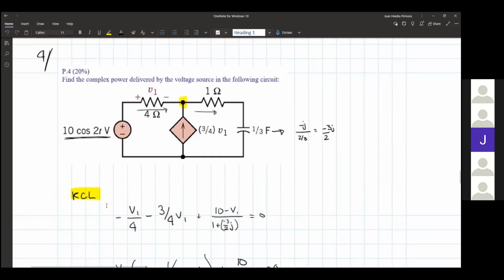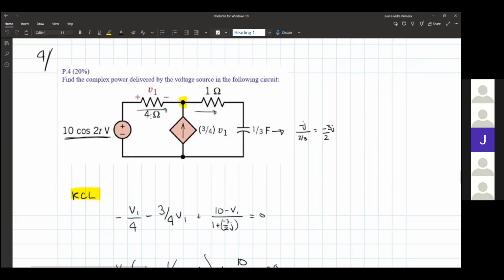First, we take Kirchhoff's current law and we do nodal analysis at this top node. V1 over 4 minus, in this case, this is input and this is output. So we're summing to 0. We're treating all the inputs as negative in this case.